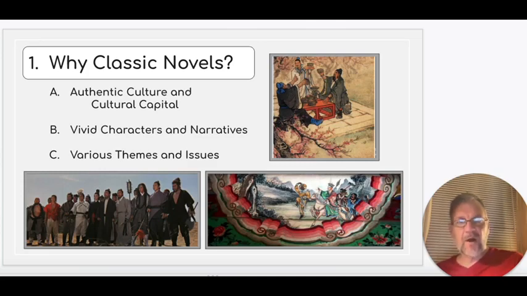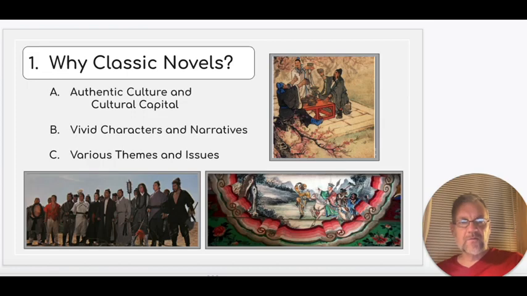Of course, there are other Chinese novels, important Chinese stories, but for better or worse, these are the ones that bear the designation classic. And so even if one disagrees with that designation, it still is the case that you have to come to terms with it.